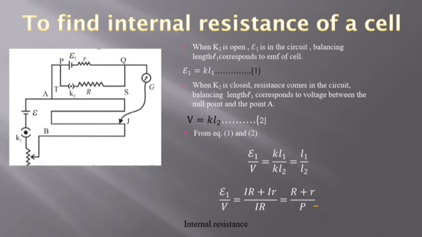So, lastly we get R plus r upon R is equal to L1 by L2. So, the equation is small r is equal to capital R in bracket L1 by L2 minus 1. This is the equation which is used to find out the internal resistance of the cell.